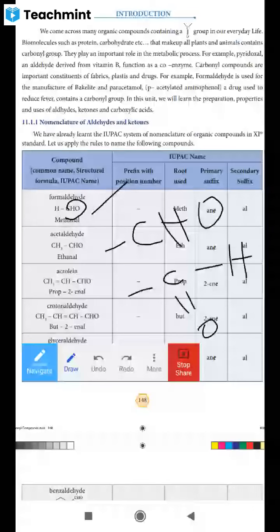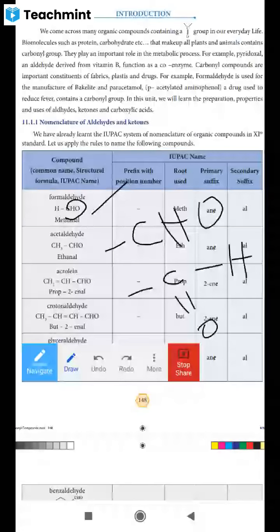Please keep it in your mind, a very important concept. Always carbon must have 4 bonds; remember this when studying organic chemistry. Carbon should contain 4 bonds, oxygen 2 bonds, and hydrogen a single bond.